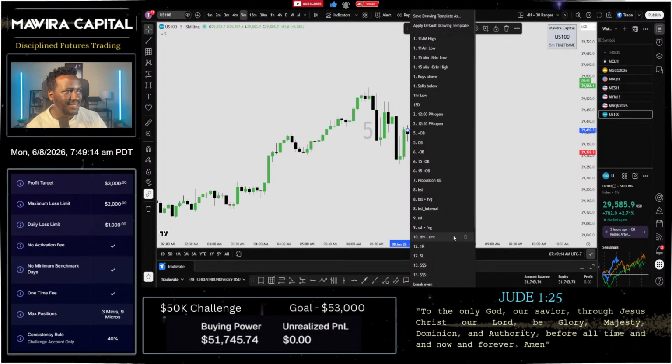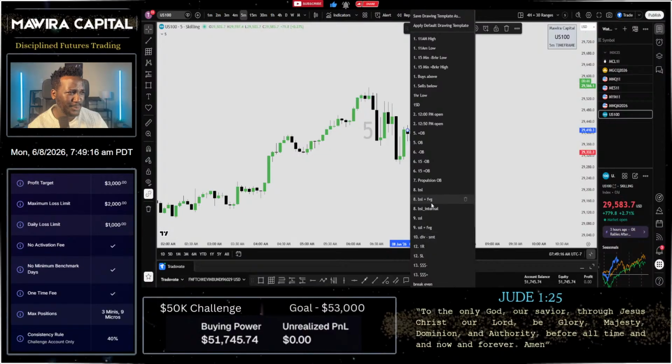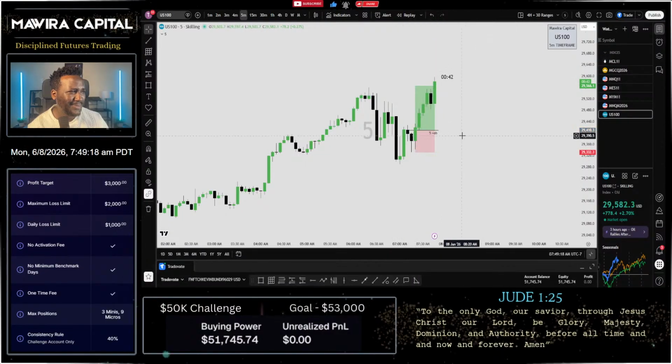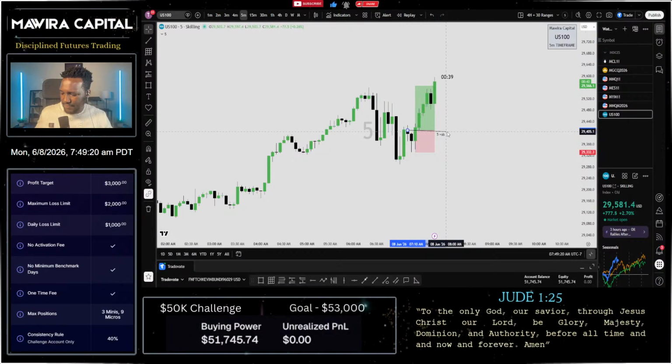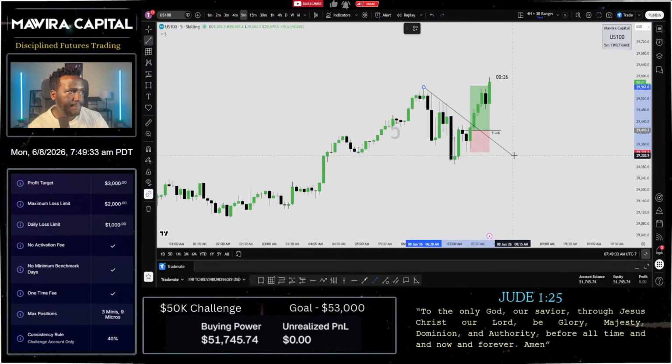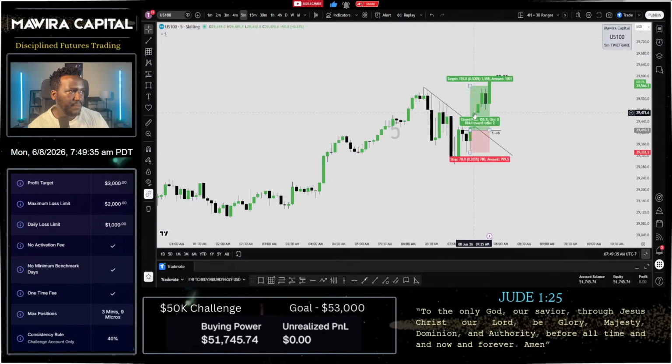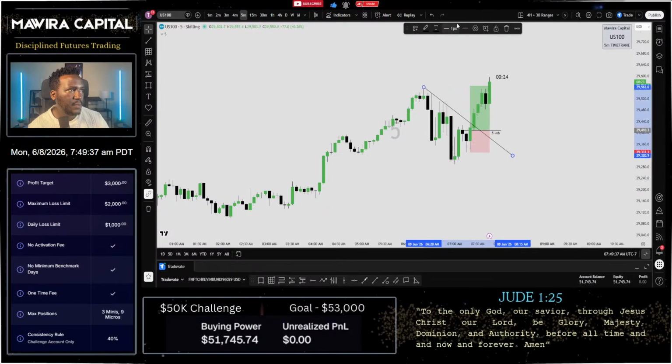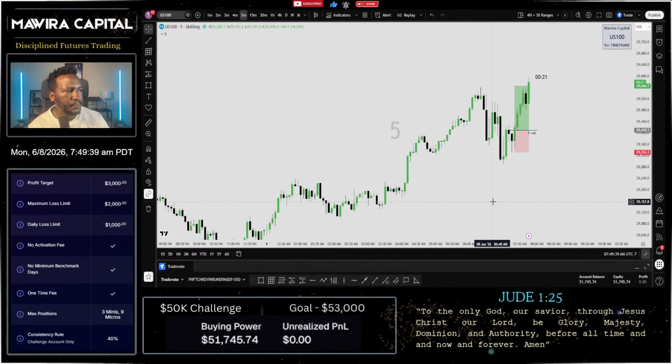Damn, get in, get out, just simple. Oh my lord. Nice. There's even a trend line. But that means you'd enter here. Trend line phantom.